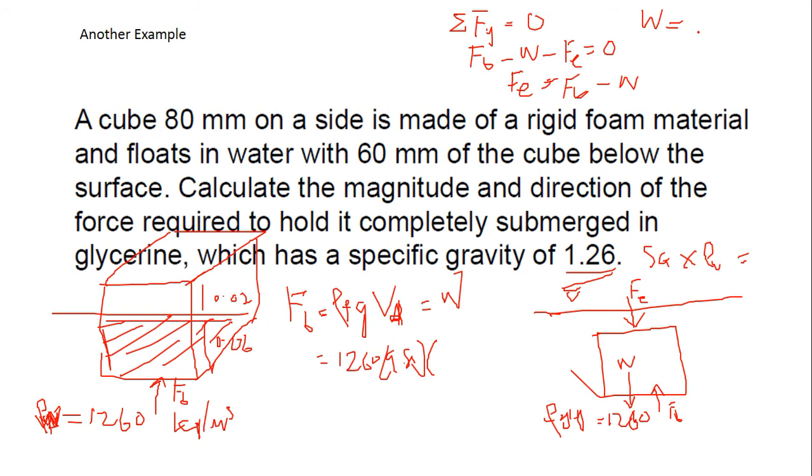The equation is rho g V, with rho of the block. So what's the value for your rho? I took 1000. How do you know?